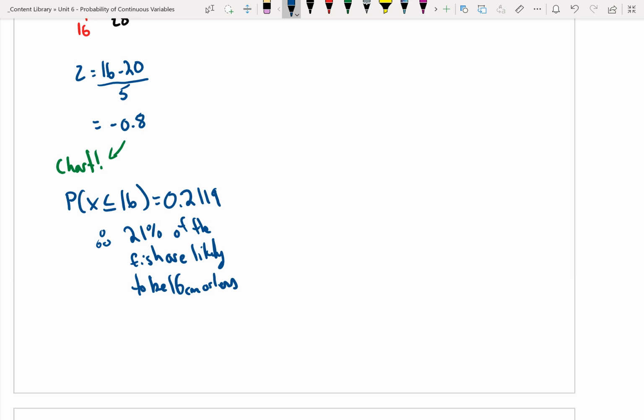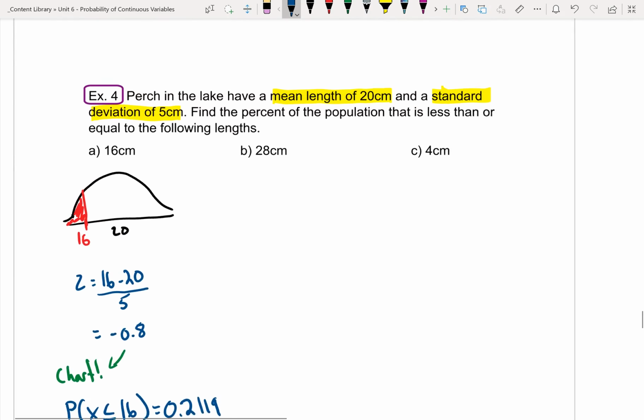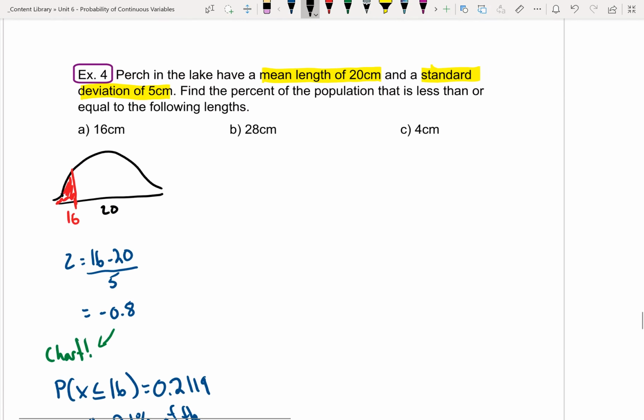So that's how we can use probability distributions and the z-scores to help us determine a probability of a certain value. I can do the same thing with 28.